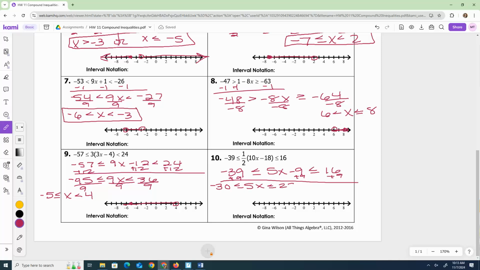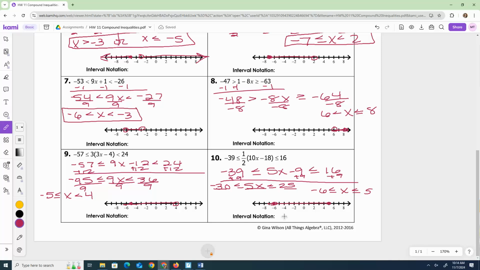We get -30 less than or equal to 5x less than or equal to 25, and then divide by five. So we get -6 less than or equal to x less than or equal to 5. Open or closed? Closed at -6, and at +5, closed, and it's in between the two.